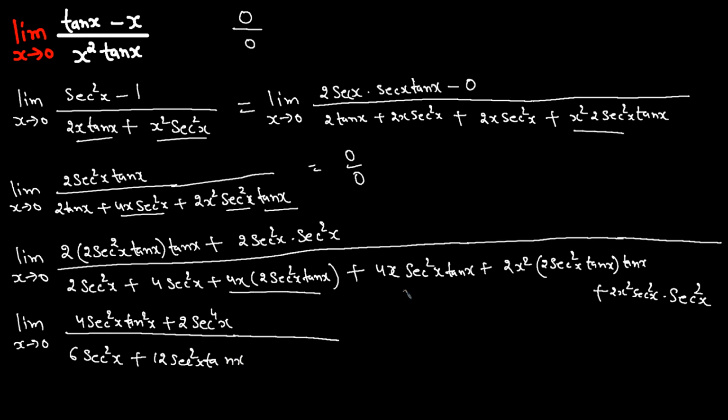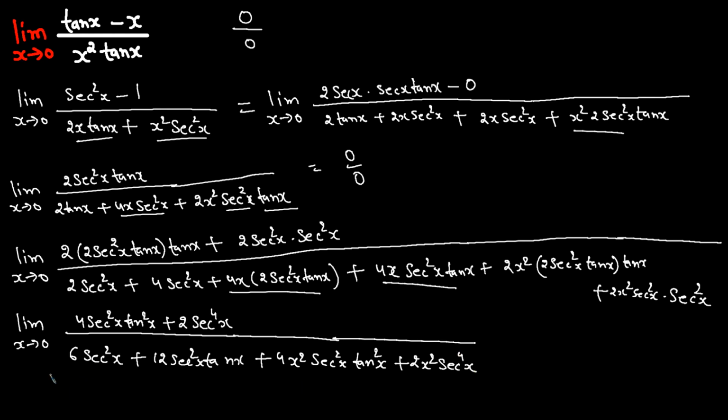So I'm adding this one and this one, and then I got this part. 2 times 2 is 4, 4x square secant square x tangent square x, plus this part gives me 2x square. Secant square into secant square is secant power 4, so 2x square secant 4 x.